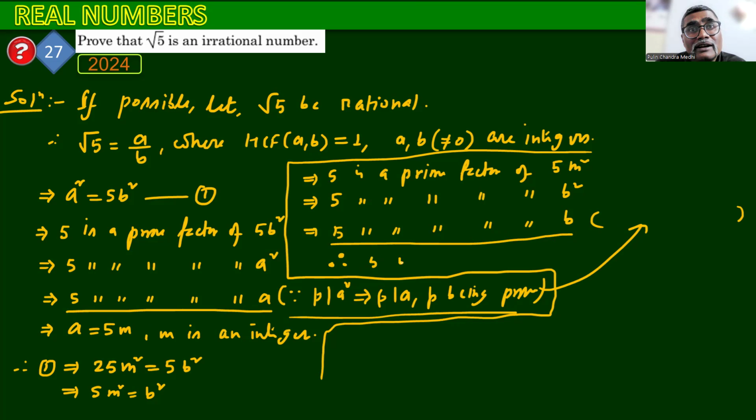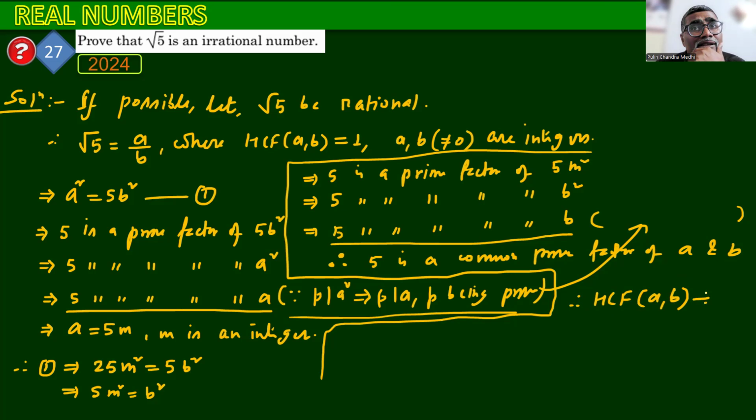Therefore, 5 is a common prime factor of A and B. My handwriting is a little smaller, try to adjust. So directly you can say that therefore HCF of A and B cannot be equal to 1. And this is a contradiction.